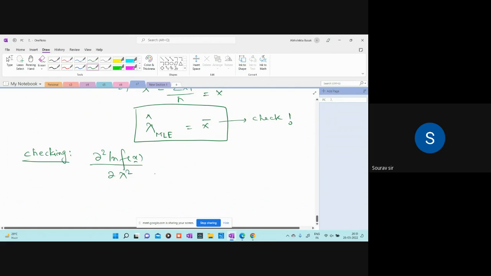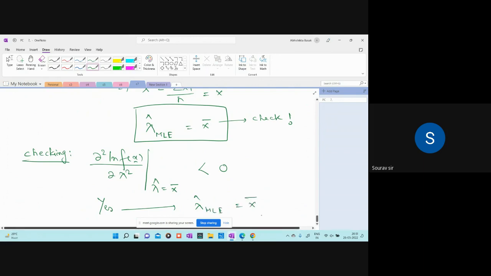If you put lambda hat equal to X bar, you are going to find a negative value for this. If this is satisfied, then only you can claim that yes, lambda hat MLE is equal to X bar.